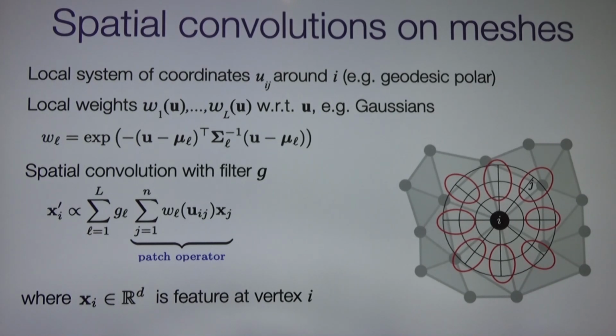This is the i in the large black circle in the middle, and you define a local system of coordinates around i. For instance, geodesic polar coordinates. You can do whatever you like, spherical, Euclidean, whatever you want.